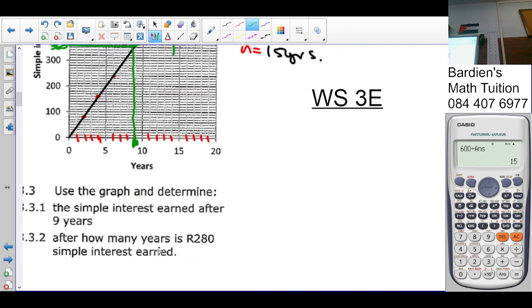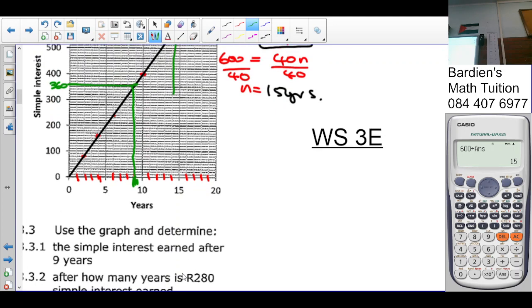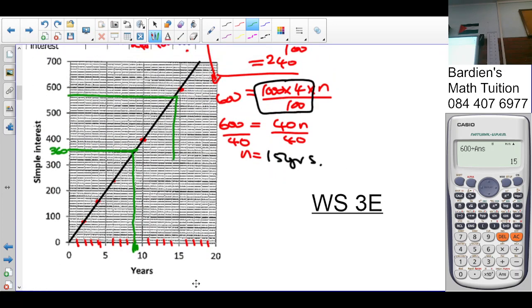Alright, after how many years is 280 rand simple interest earned? So what do we do now? I go to 280 rand on the graph. There's 200 to 300, so 280 is approximately there, not so? So that's 280.